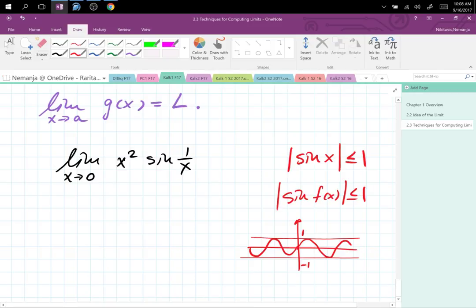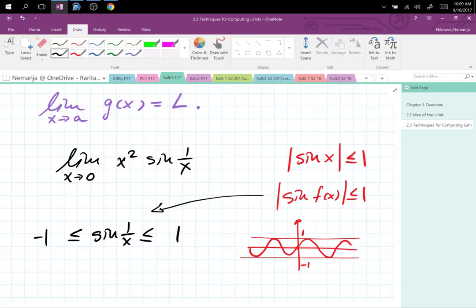The range is the set of all possible y outputs, and you can't get anything other than numbers between -1 and 1. So now that we know that fact, I can start from the fact that sine 1 over x is sandwiched between -1 and 1. That's where I start.